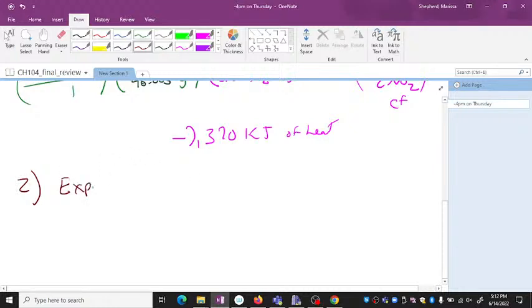So express the equilibrium constant for the following reaction.